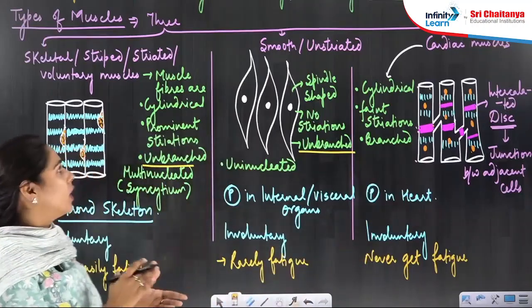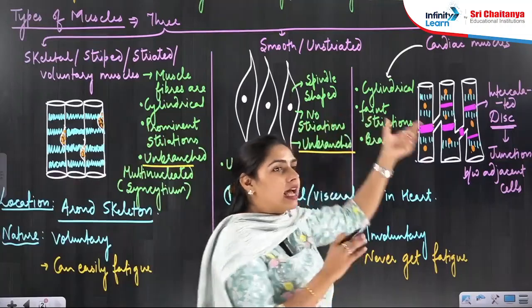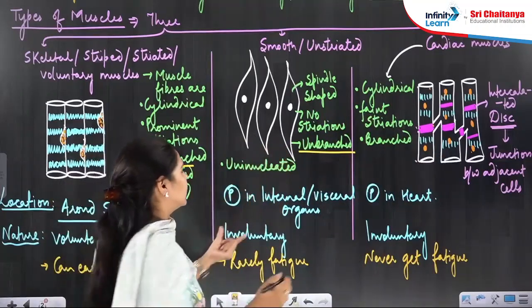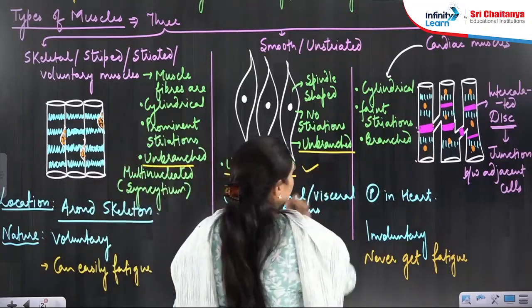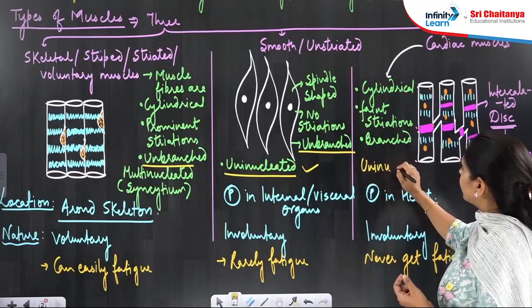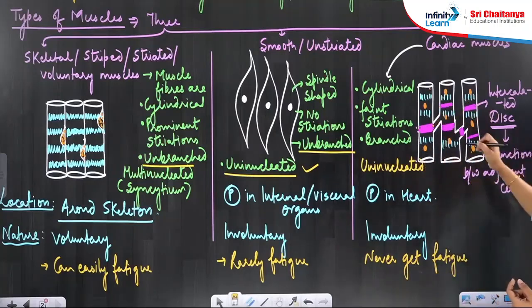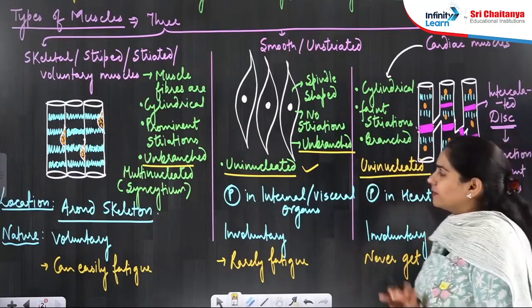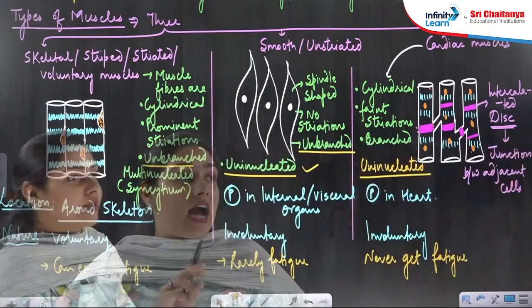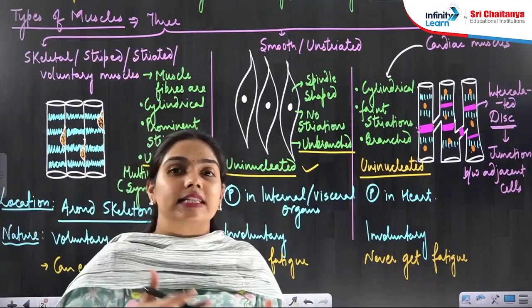Now let's see the similarity between smooth and cardiac. Uninucleated, very, very important. Here also it is uninucleated. I have not written it, but there is one nucleus in every muscle fiber. You should remember the differences as well as the similarities.